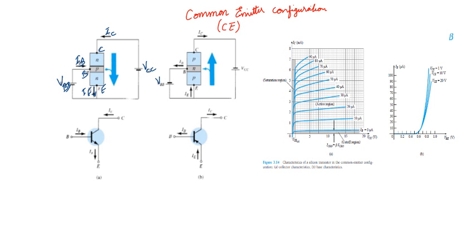Similarly, this is your VBB. This is your IB. This is your IC. This is your IE. This is your emitter, base, collector. This is your VCC. I have taken this from the book, just overwriting. If you have the book, you can follow it easily.